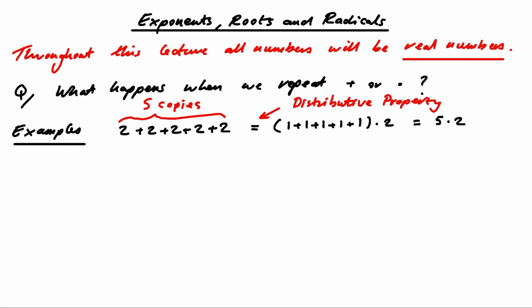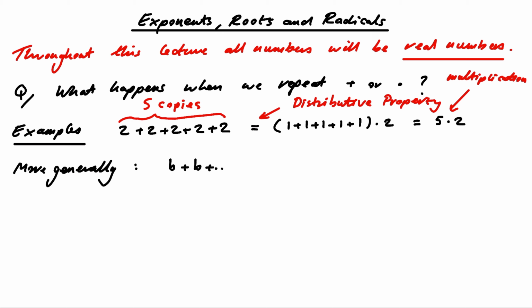And let's just take a moment to observe that this is just multiplication. So more generally, what do I see? More generally, if I was to take a number b and add it to itself, let's say n times, what do I end up getting? I end up getting n times b.